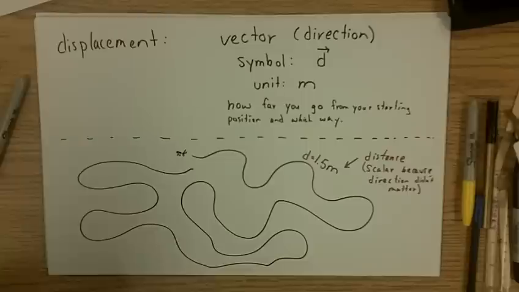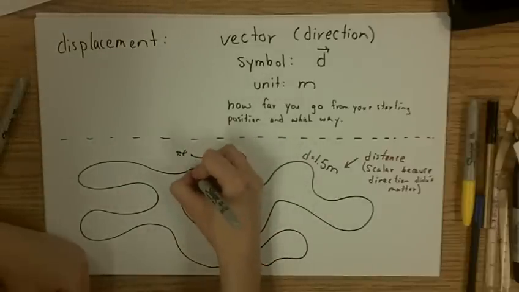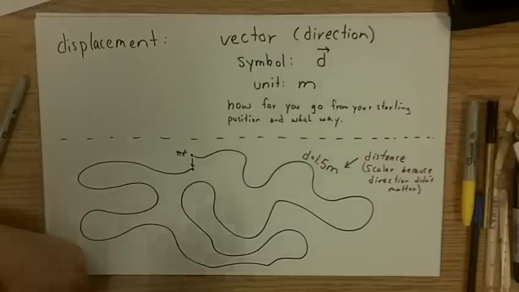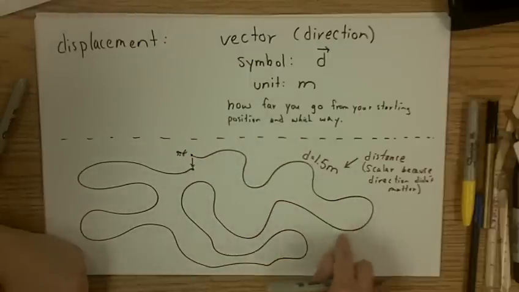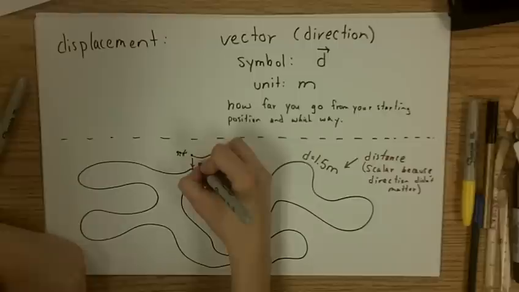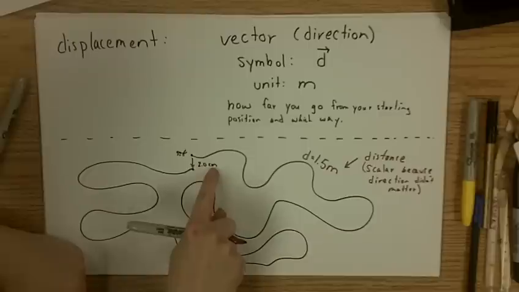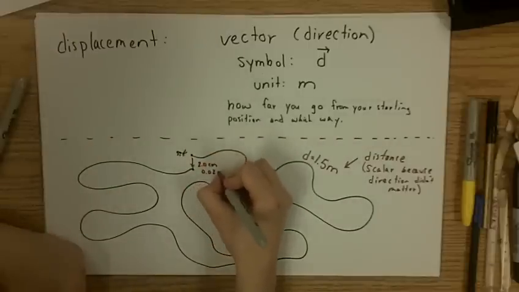The displacement that the ant traveled was its starting position to its ending position, the total covered, and which way. This is a much shorter amount of distance. Even though it did all of this, it only went about this far. Maybe that's about 2 centimeters. Instead of 1.5 meters, it's 2 centimeters, or 0.02 meters.